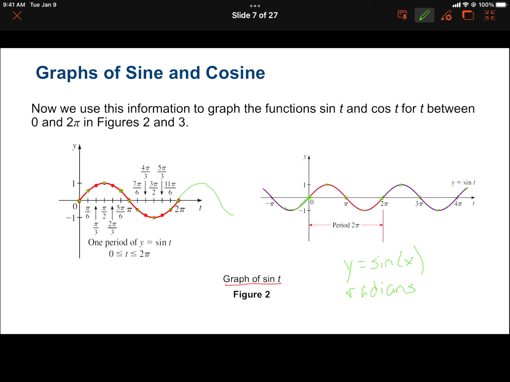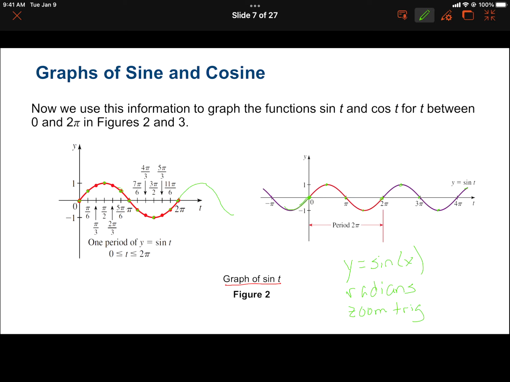So do y equals sine x, and then graph it, and then hit zoom trig. So go to the zoom button, go down to zoom trig, and you should get a graph that looks similar. You can see it continuing over and over, just so you can see what it looks like in your calculator. Okay, so take a moment to do that.